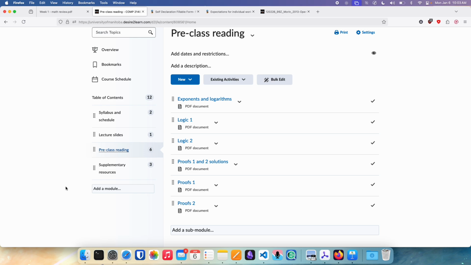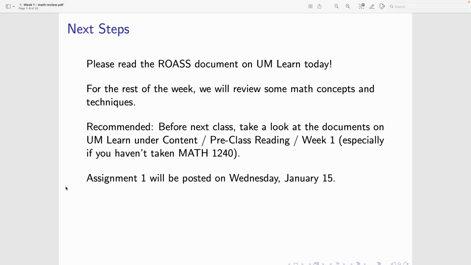If you haven't taken Math 1240, I'm saying to you, read this right now. It's extremely important and will save your life. But for the rest of the week, I'm going to assume you know what you're doing with proofs. And also, assignment 1 will be posted next Wednesday. It will essentially be a math assignment.